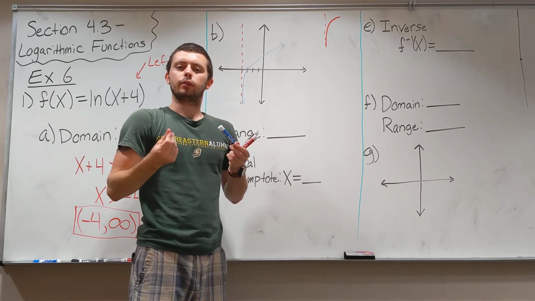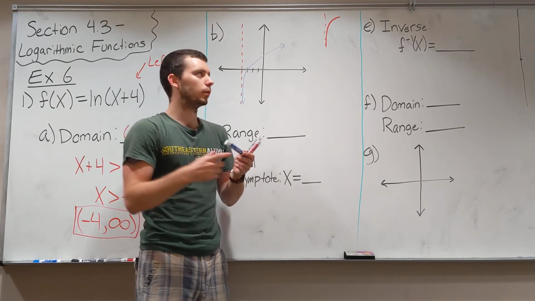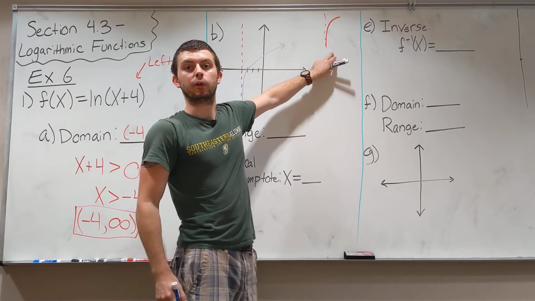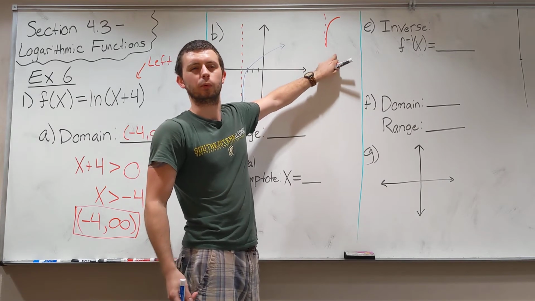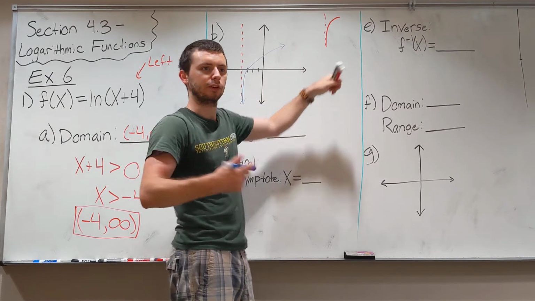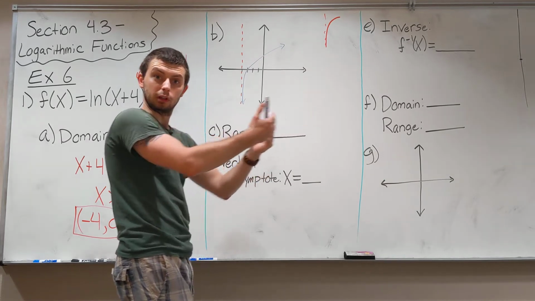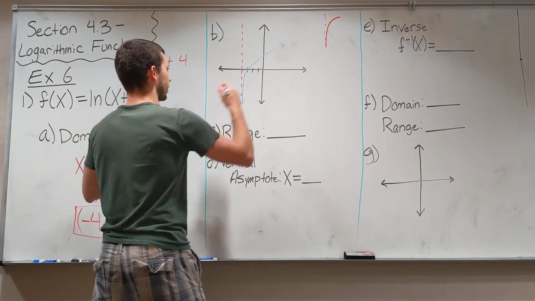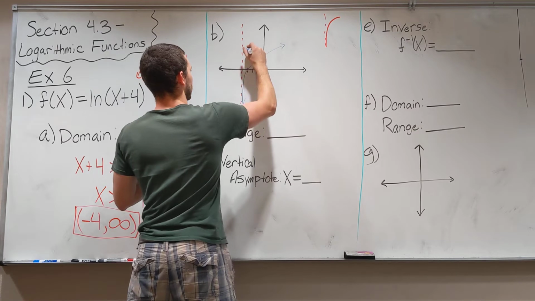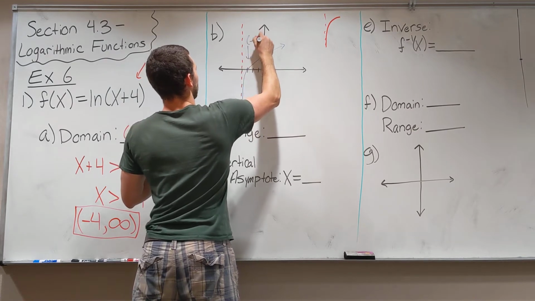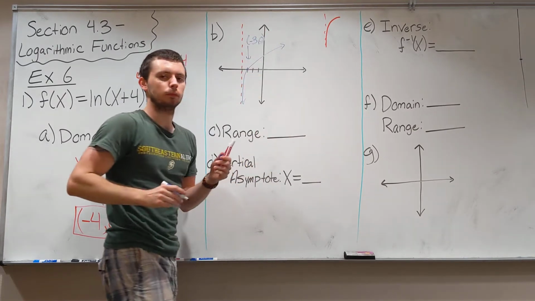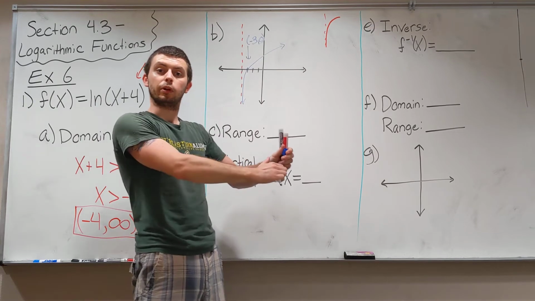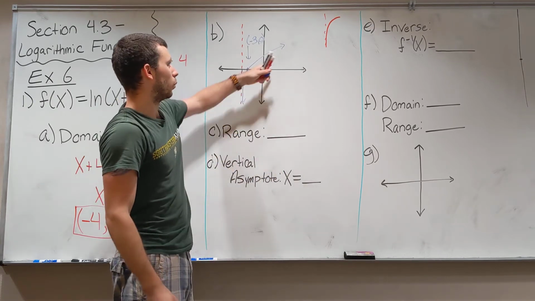And if you may notice, there is a point on the original parent function. That point is (1, 0), which represents the x-intercept. But since we go to the left 4, that point now becomes (-3, 0). Because it was (1, 0), we go to the left 4, so then 1 drops down to -3.